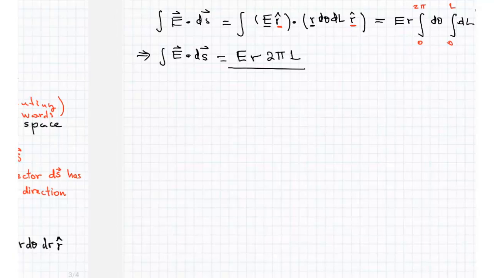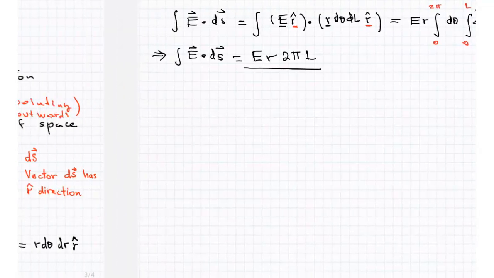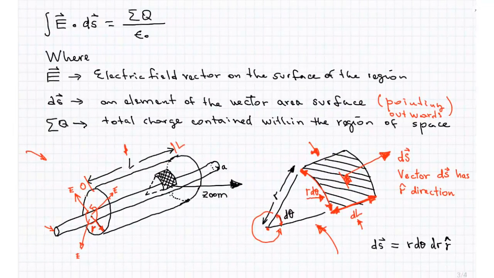Now we come back to equation number 4. I forgot to say that this is equation number 4, the Gauss theorem, but we can fix it real quick. From equation 4, we have that the integral of E dot ds is equal to the total charge divided by epsilon 0.